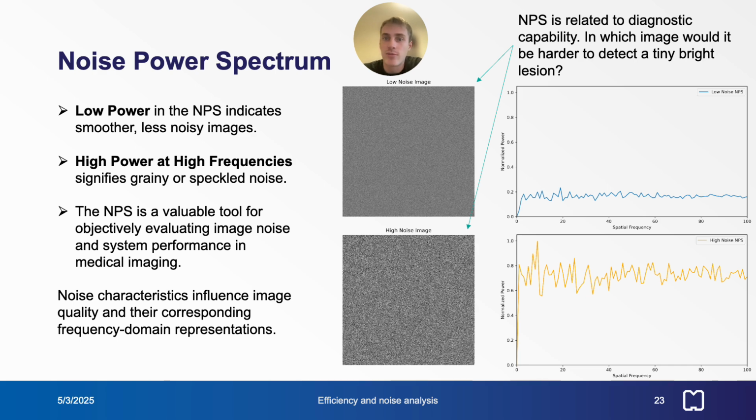So NPS is related to diagnostic capability. If we look at the two images, we can think, in which image would it be harder to detect a tiny bright lesion? Clearly, this would be harder in the below image with high noise or a high power NPS.